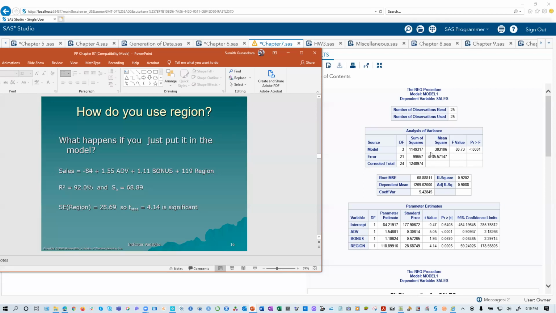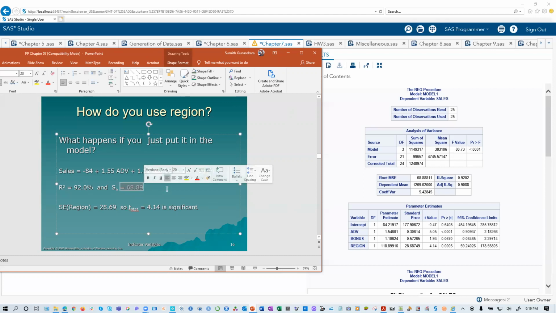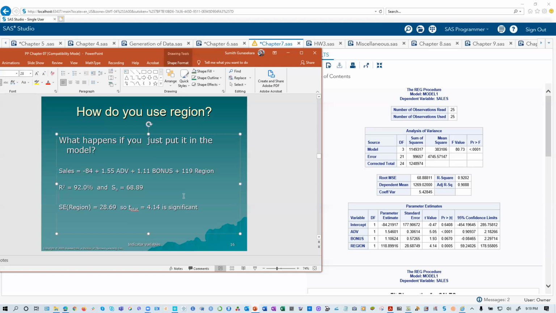So root mean squared error is nothing but this: the standard deviation of the error. What do you mean by standard deviation of the error? If you get all the data errors and find their standard deviation, that's that. Right?